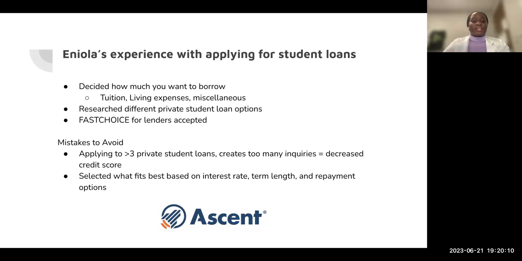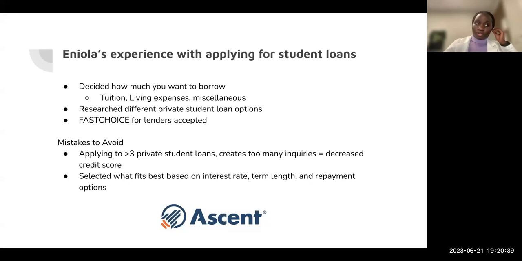And then you select what fits you. Is it the interest rate that you want? Do you want to pay a lower interest rate over time, fixed or variable? Or do you want to pay this over 5 years, over 20 years, just like Chethana said? And it gives you the option of, do you want to pay $2,000 a month right after you graduate, or do you want to defer to residency?